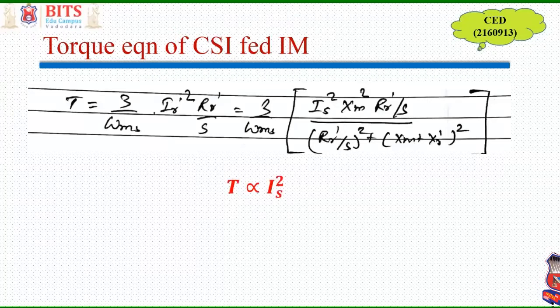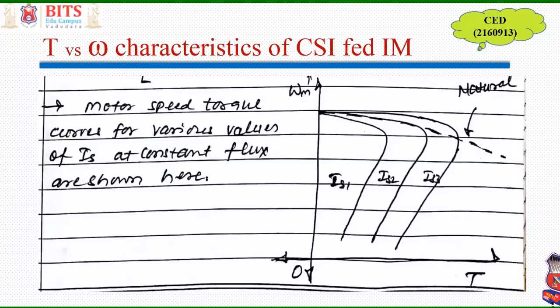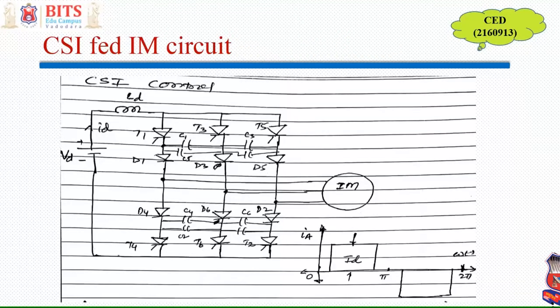Torque is proportional to IS square. Motor torque and hence speed of induction motor can be controlled by the source current. Source current realize अगर हम अलग-अलग current control करेंगे current source inverter का तो इस type से characteristics मिलेगी मुझे. And this is how the CSI is realized.